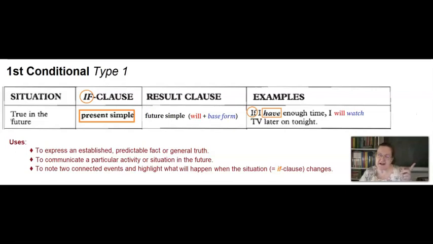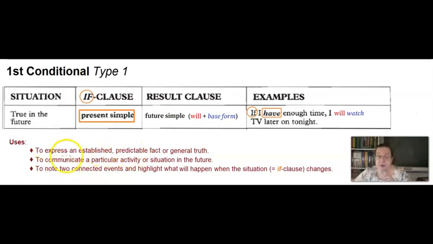Now, let's take a look at the first conditional type 1. In a previous video, we talked about the first conditional type 0, which basically deals with absolute truths. In this one, there is a slight difference. Yes, we are dealing with true facts, but the true facts are not in the present, they're actually in the future.